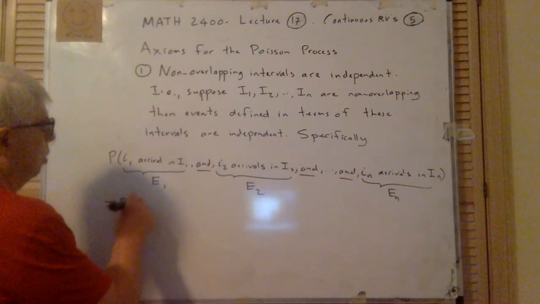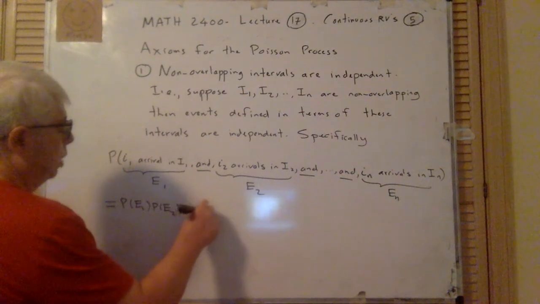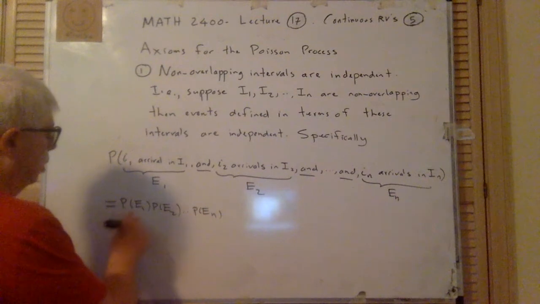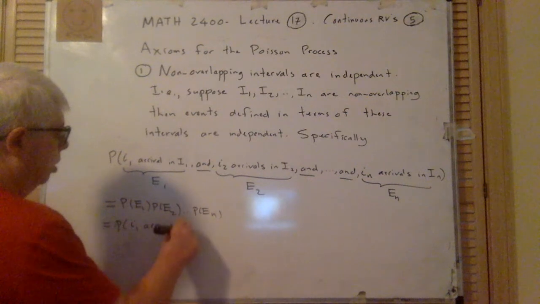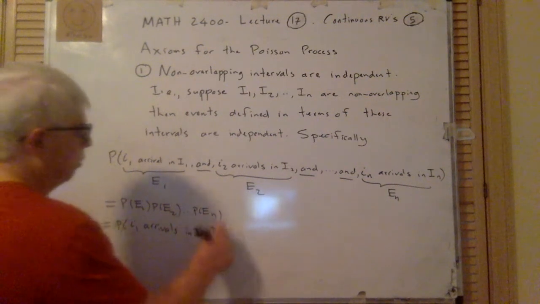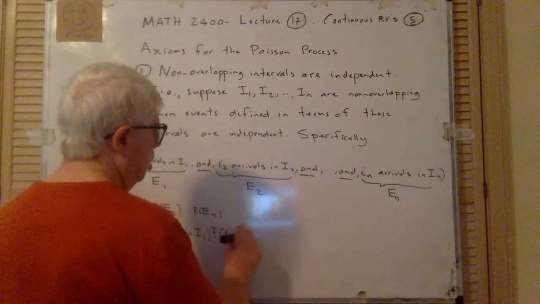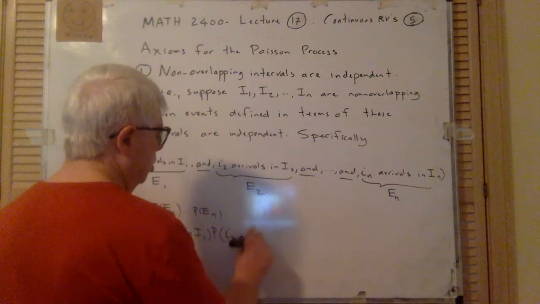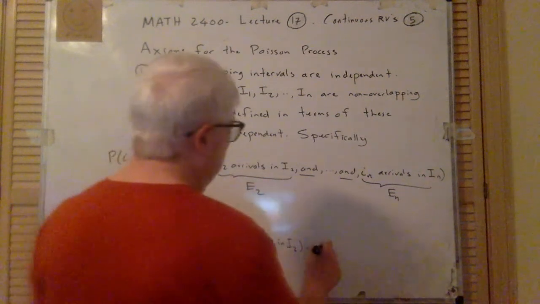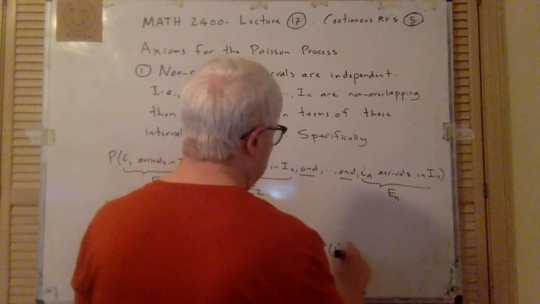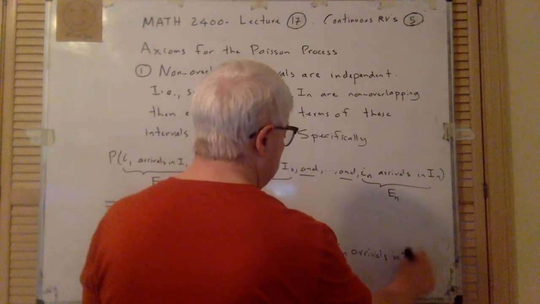That's P of E1 and E2 and ... En, which is P of n1 arrivals in I1 times P of n2 arrivals in I2 times ... times P of nN arrivals in IN.